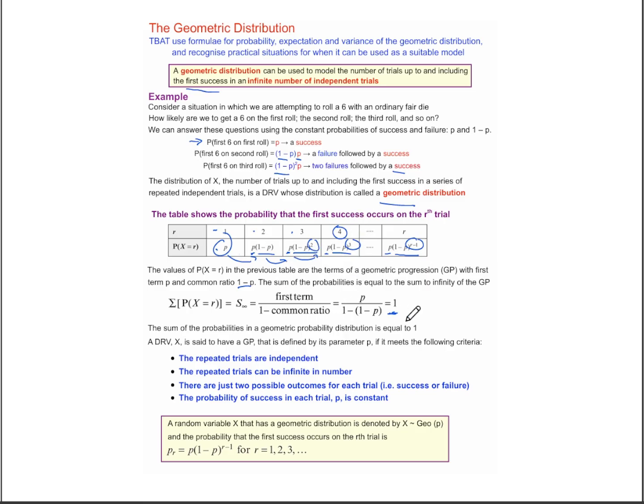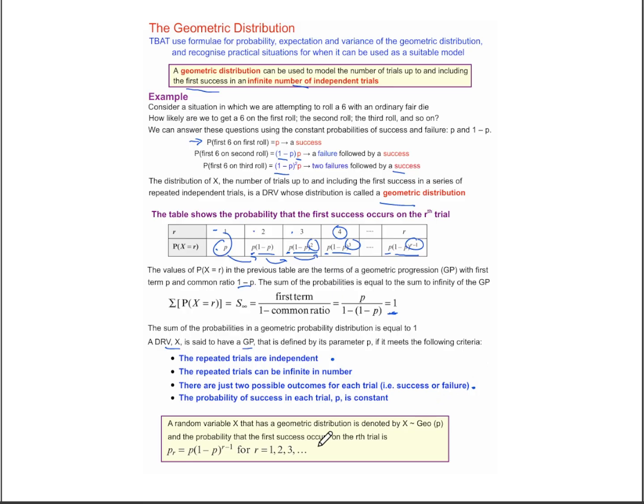Then these are the following criteria that have to be met for a discrete random variable x to be geometrically distributed. Firstly, the trials that are being repeated have to be independent. They can't be dependent on the previous trial. Next, the repeated trials can be infinite in number, as we said, can go on forever. Then again, like binomial distribution, there are only 2 possible outcomes, your success and your failure.